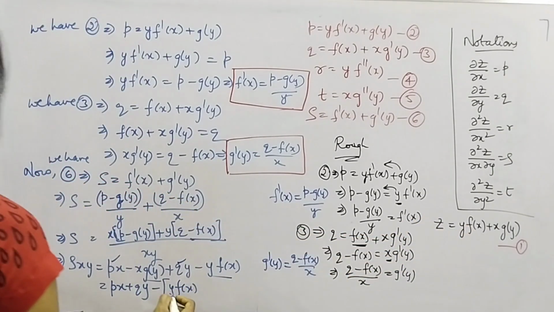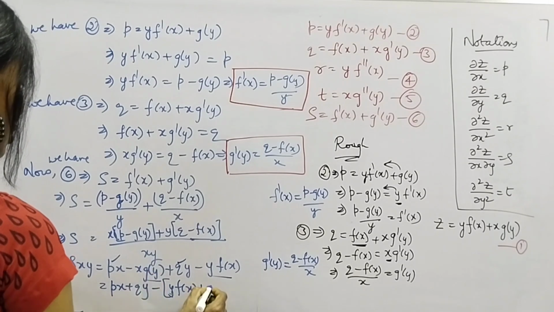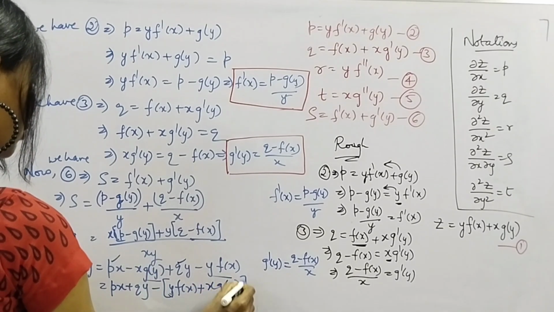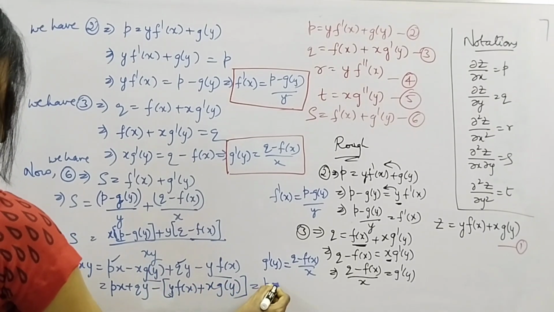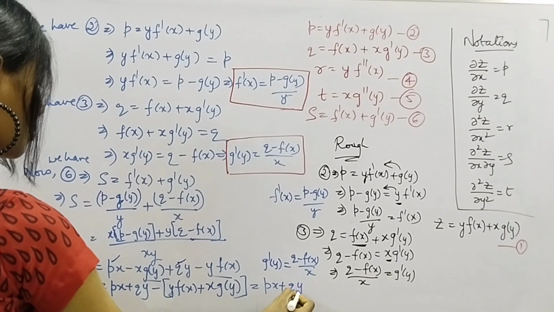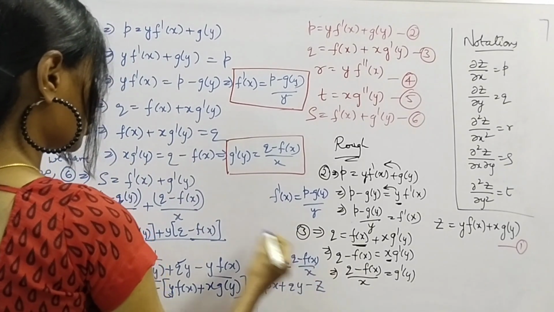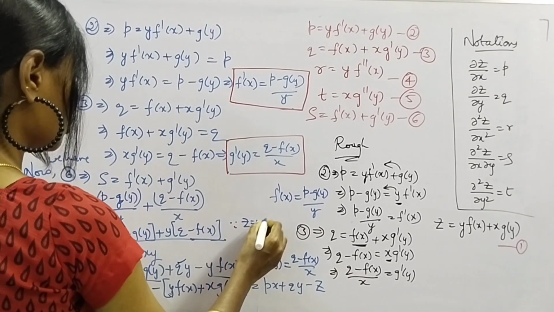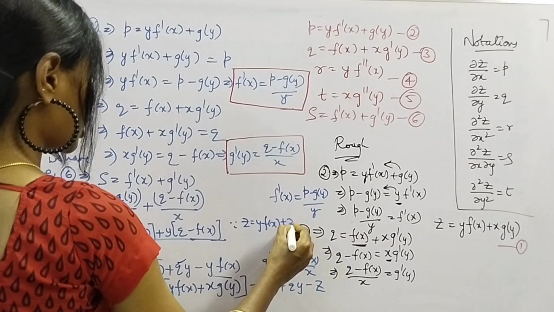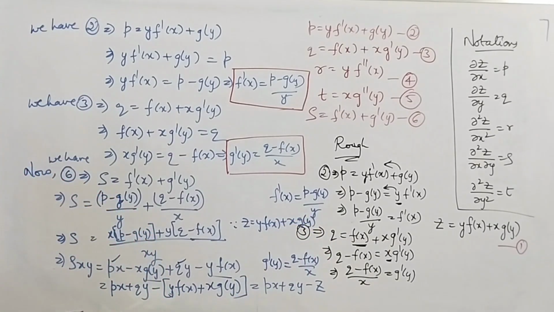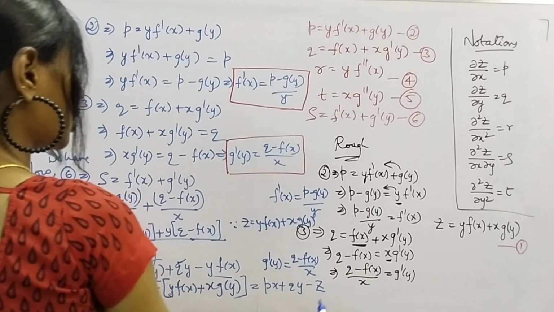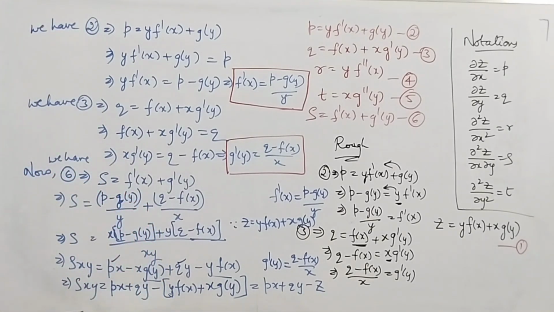I wrote this term simply, plus x into g of y, which gives us px plus qy minus, we can just replace it by z, since z equals y into f of x plus x into g of y, which gives us sxy equal to px plus qy minus z, which is the required partial differential equation.